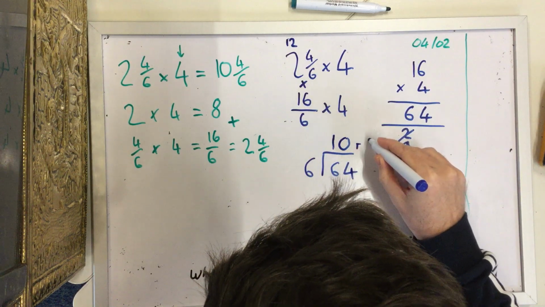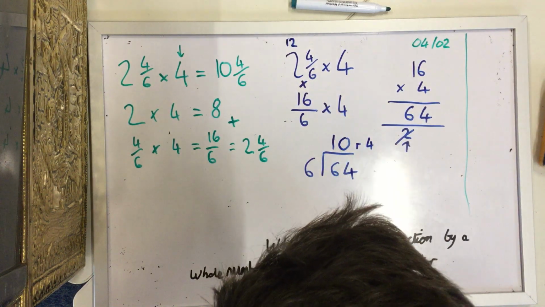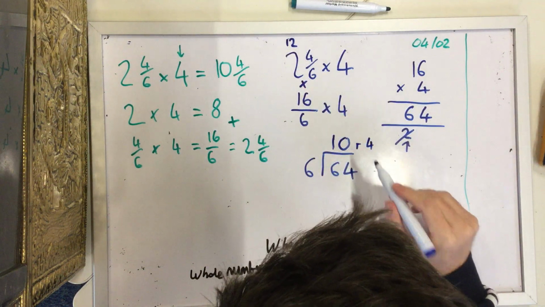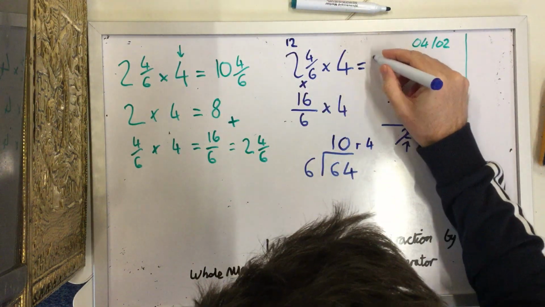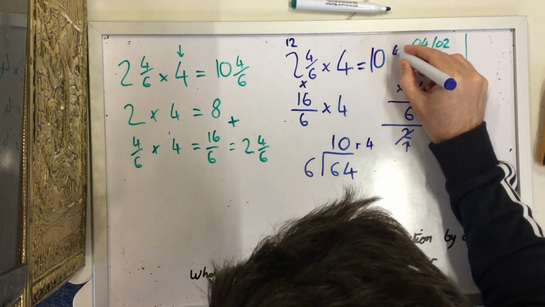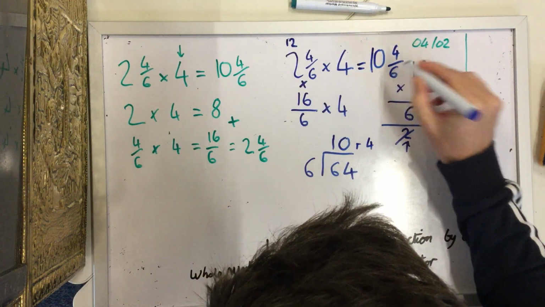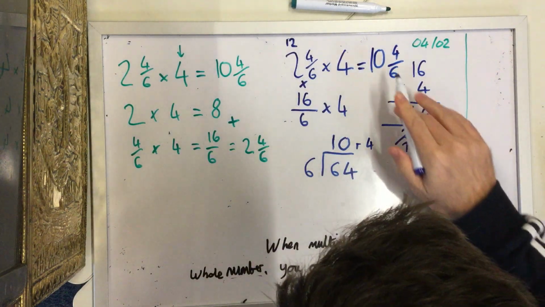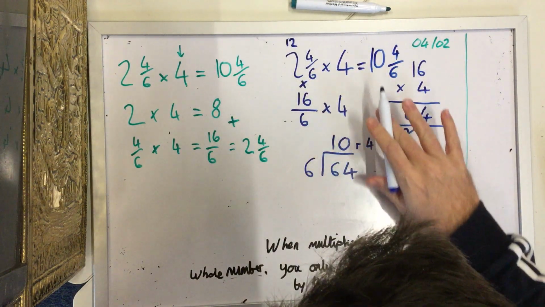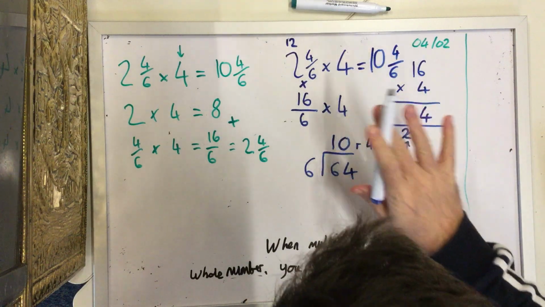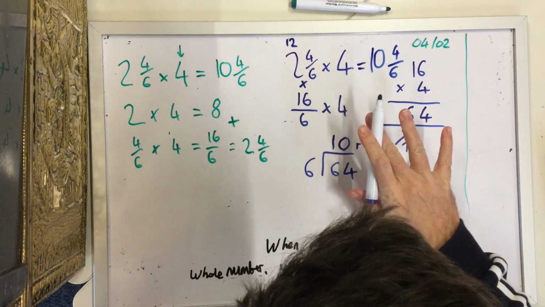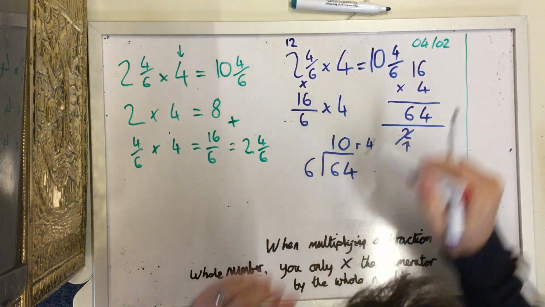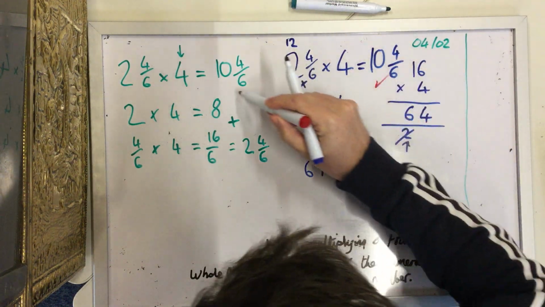And oh look, 10 and 4 6ths, our remainder there. I think this way can become a bit more complicated, but like I say, some of you will prefer doing that, and that's absolutely fine. You've got to the same answer. Let's use my red pen. Got to the same answer here as here.